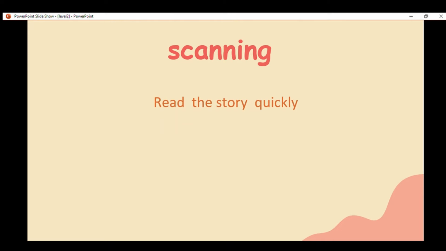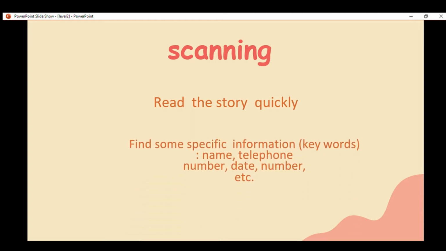Scanning means you need to read the story quickly and find some specific information, like the keywords for you to answer the questions. The keywords you need to look for are name, telephone number maybe, date, number, etc. The things that are important.